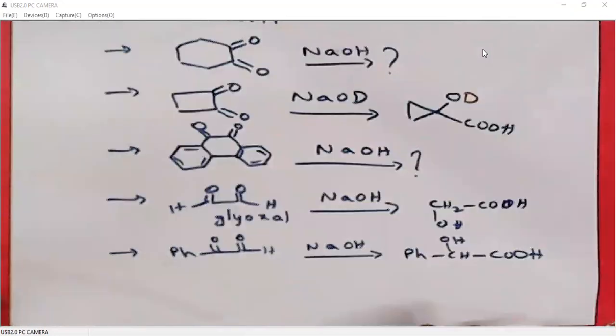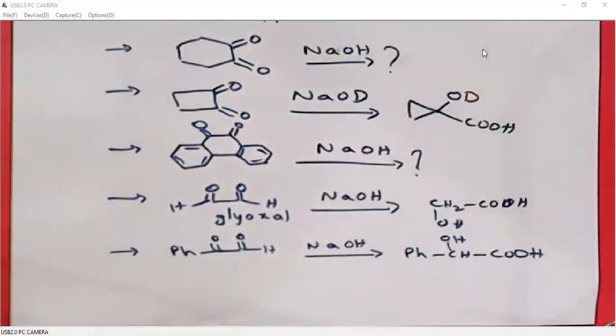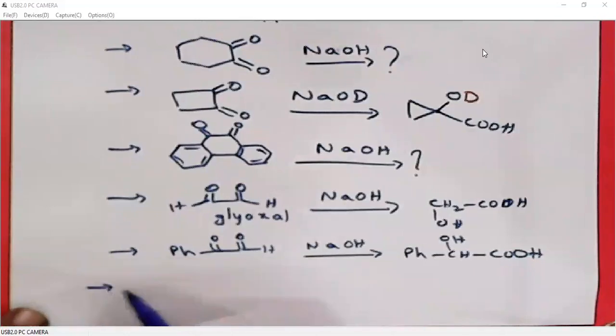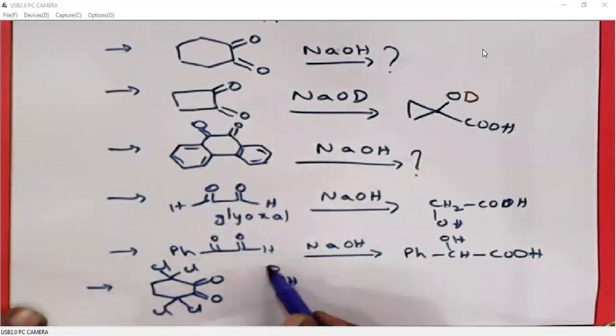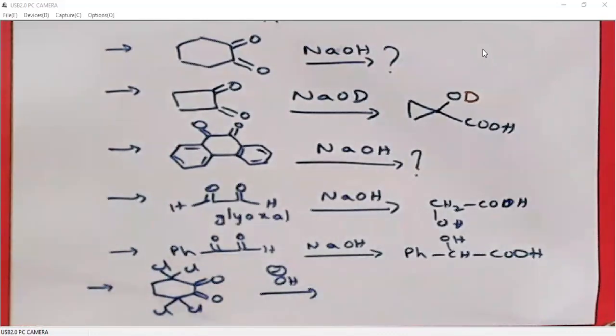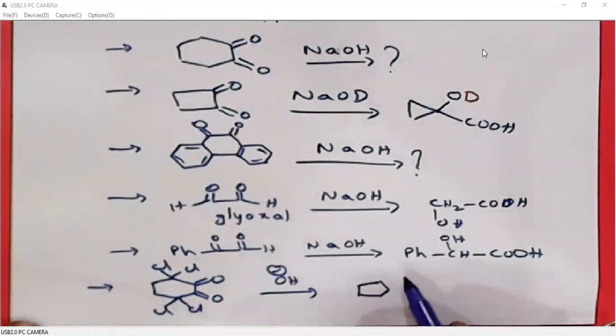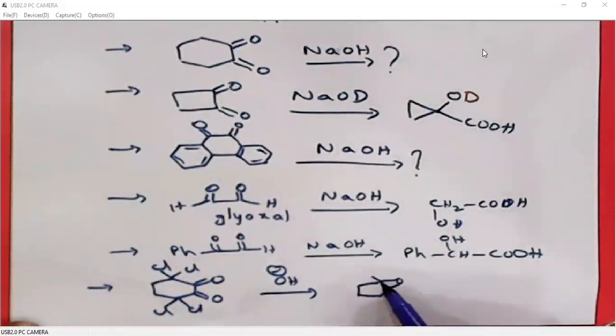And for the final example of benzilic acid rearrangement, look at this. We have leaving groups next to the carbonyl. So that is why here the product is ring contraction and epoxide.